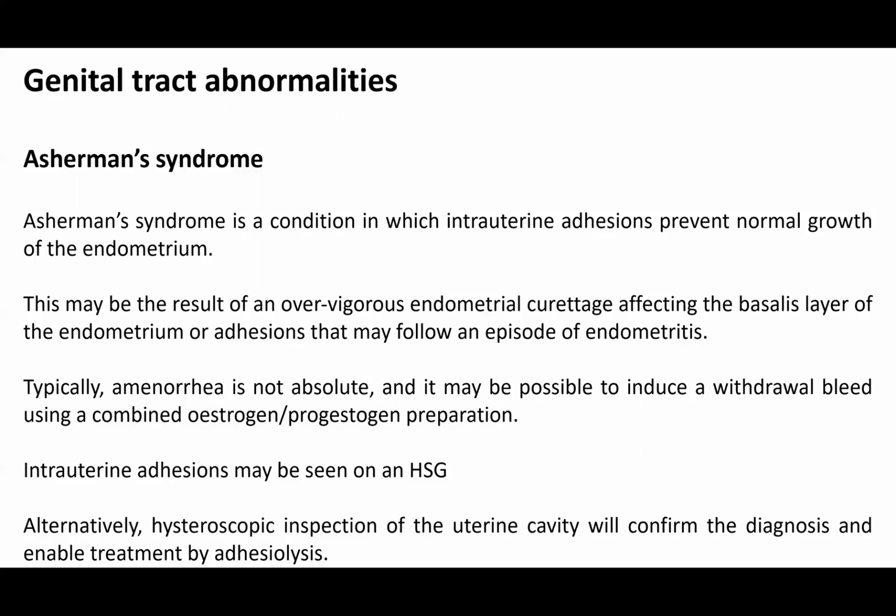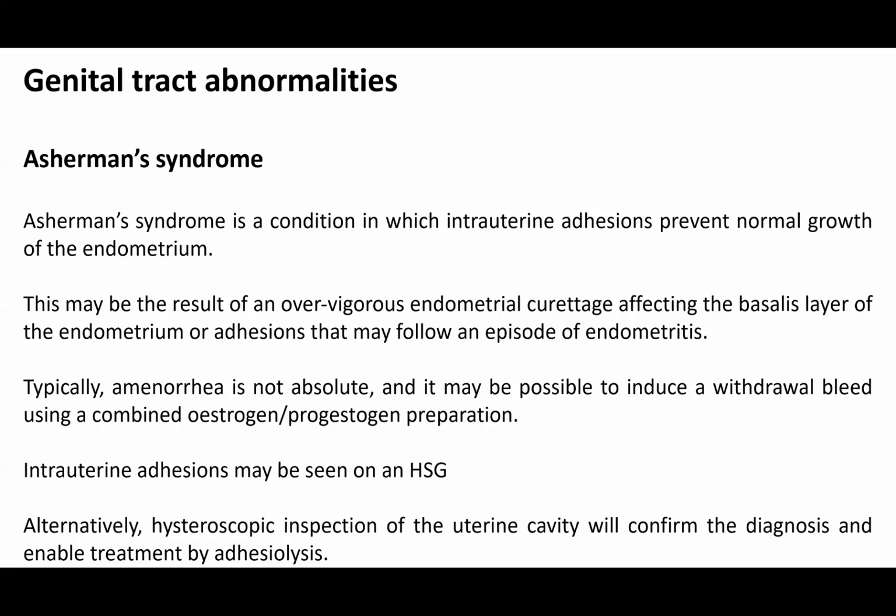Sometimes the adhesion involves all the endometrial cavity, so the patient is totally amenorrheic, or partly, so she will have a change in the menstrual cycle in that it is scarce. The blood loss will be less than before.